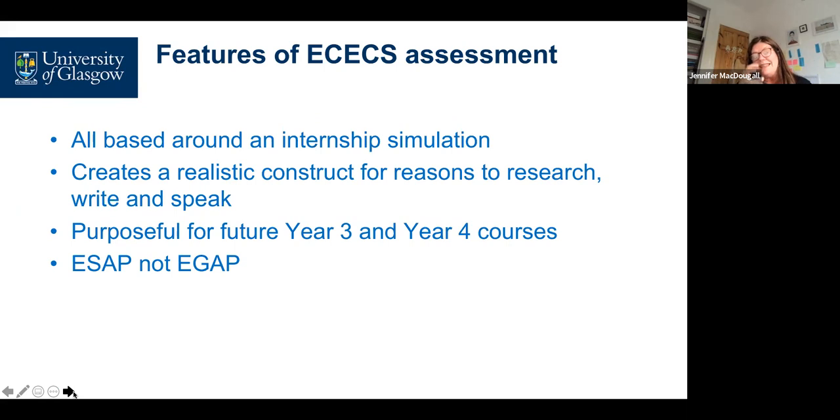So we've created this, we think, quite authentic construct. Within that, they also have to do writing and oral assessments. We wanted to keep this very much English for specific academic purposes, not just general academic purposes, so it's very much focused on the engineering field.